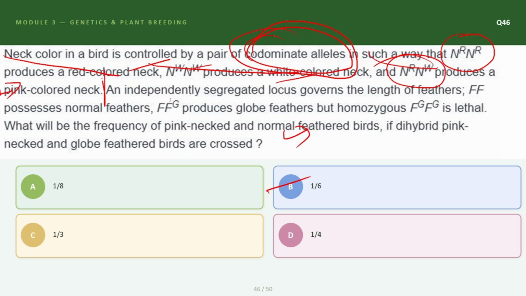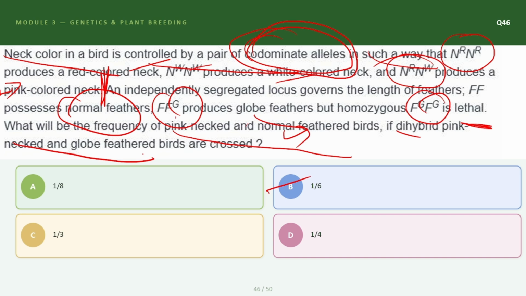This is clear. Then again, there is another locus which segregates independently, it's not linked. Then FF will produce normal feathers, whereas the heterozygote will produce glow feathers, but the other homozygote is lethal. Then what is the frequency of pink-necked and normal feather birds if dihybrid pink-necked and glow feather birds are crossed? See, dihybrid pink-necked means heterozygote and glow feather means heterozygote.